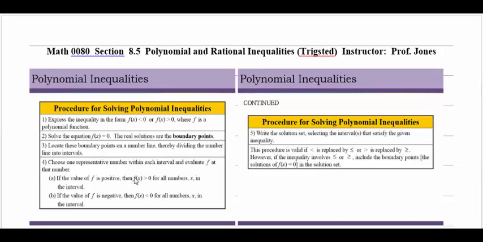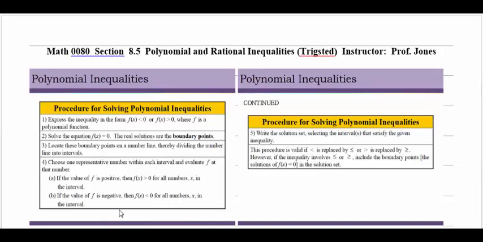We choose one representative number within each interval and evaluate f at that number. If the value of f is positive, then the function is greater than 0 for all numbers in the interval. If my test number makes the value of f negative, then the function will be negative, or less than 0, for all numbers x in the interval.